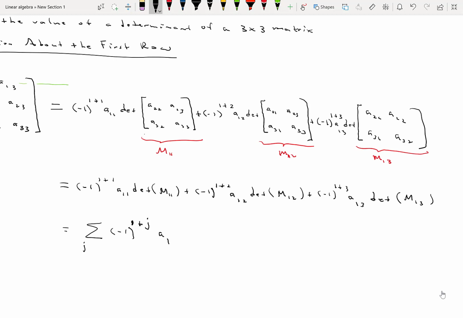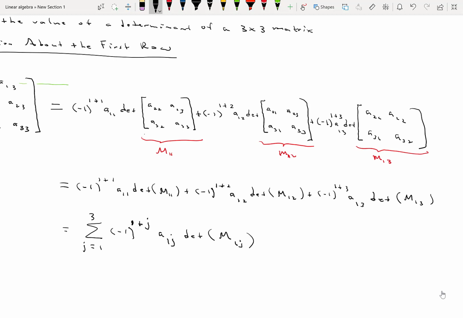The row about which we're expanding indicates that the subscript on A stays that row, first row in particular. The column j is changing, times the determinant of the M1j minor. j ranges from 1 to n, the number of rows or columns in the matrix. It was 3 in our case.